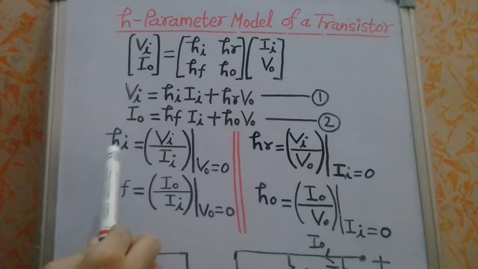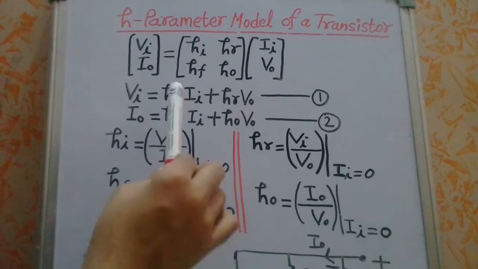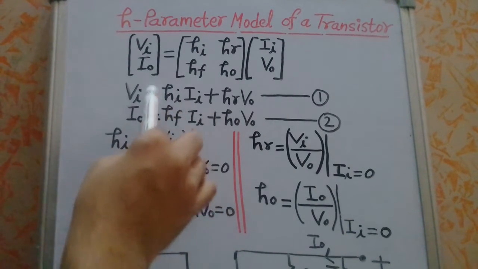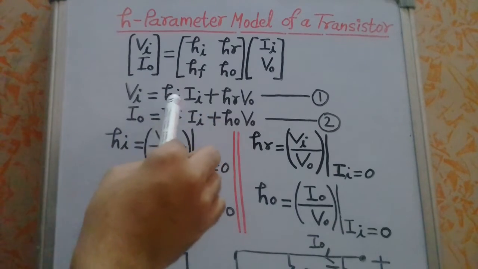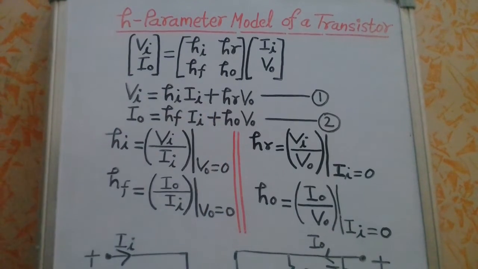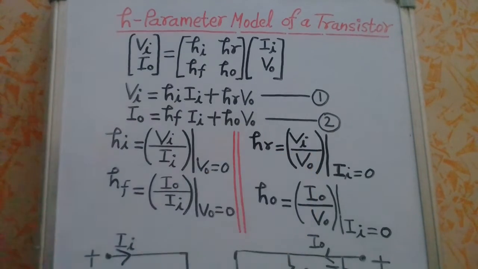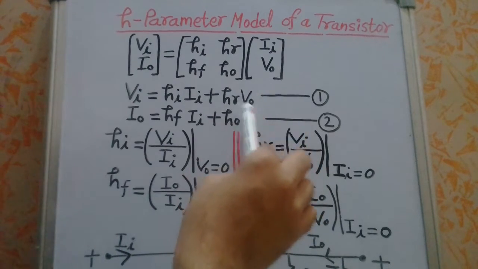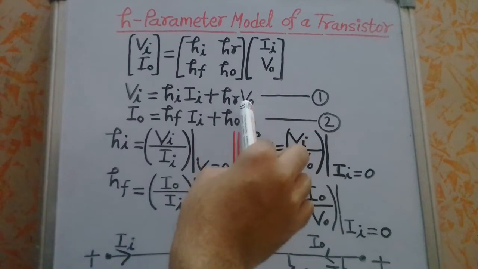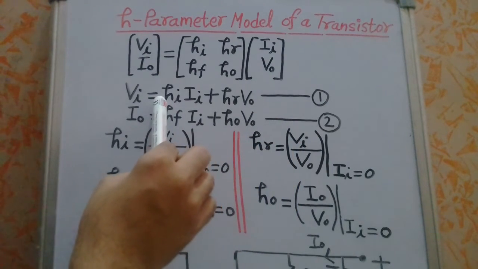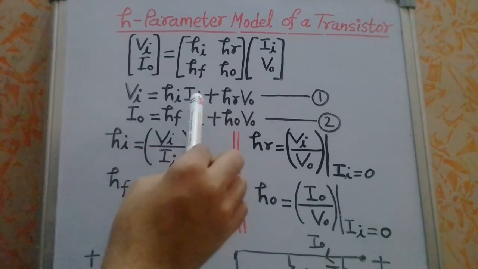So if I want to calculate this parameter hi, what do I have to do? First of all, I have to make the output voltage 0, because when I make the output voltage 0, only then the second term will be eliminated and I can get hi equal to Vi by Ii.